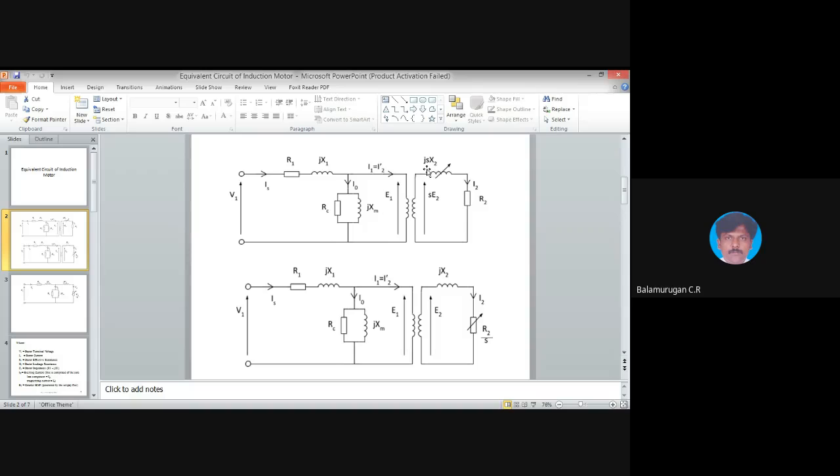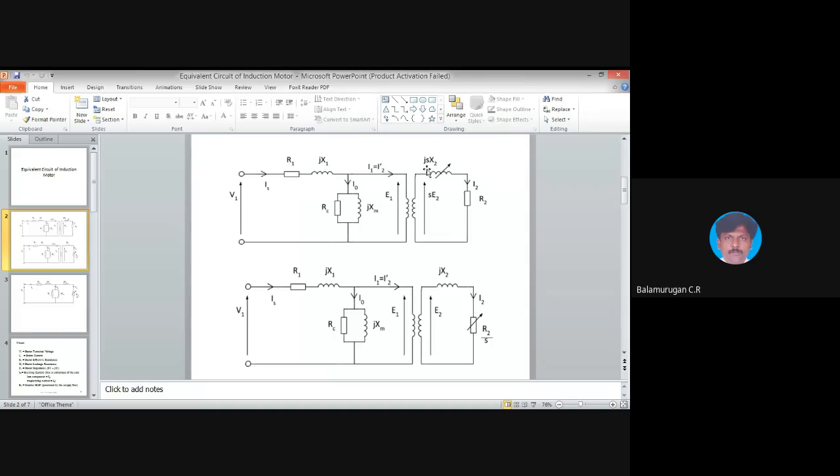This is R2, this is X2, and this is a variable load. You can represent it as R2 into (1 by s minus 1). Or if you flip the sign, you can also write 1 by s minus 1.